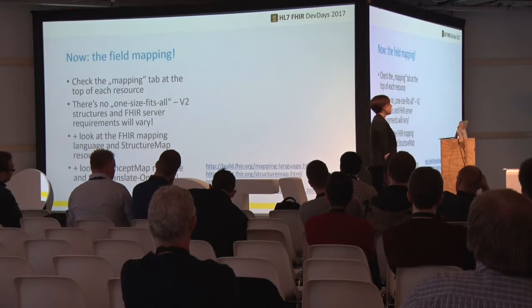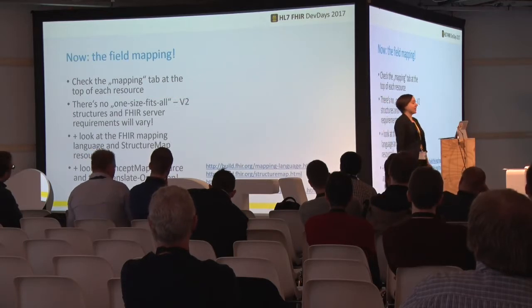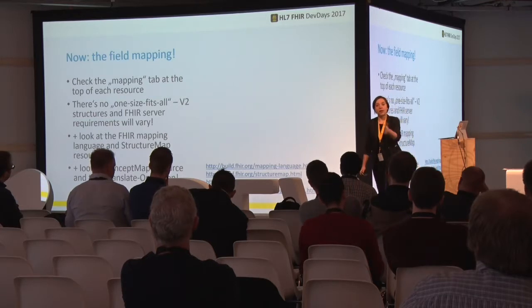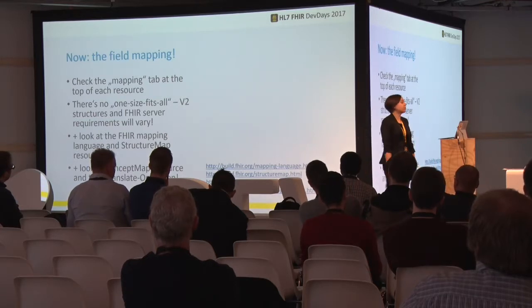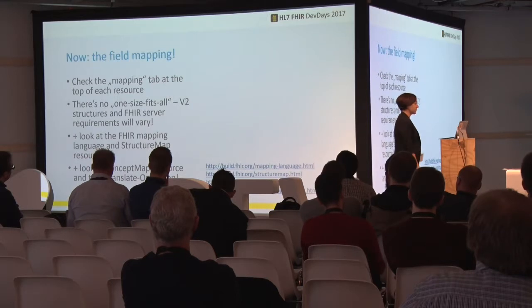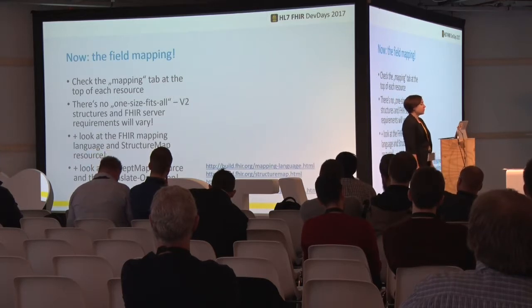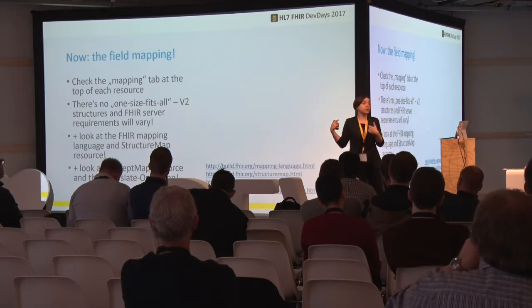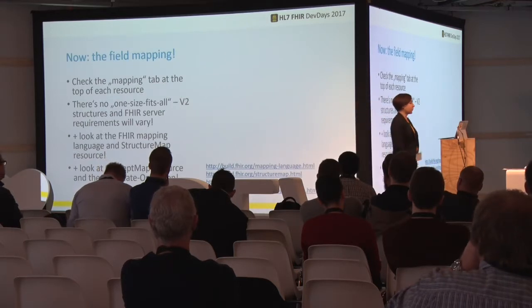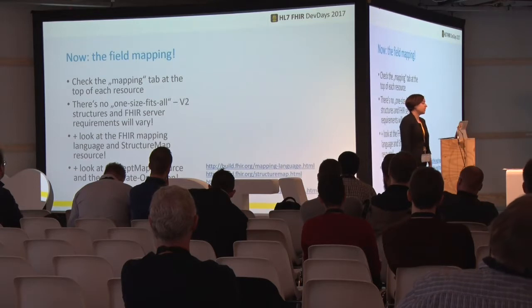that server. Now comes the details, which is the field by field mapping of what goes where from the version 2 message to the FHIR server, to the FHIR resource. So Graham, in the previous session, already gave you a few indications of how you could do that.